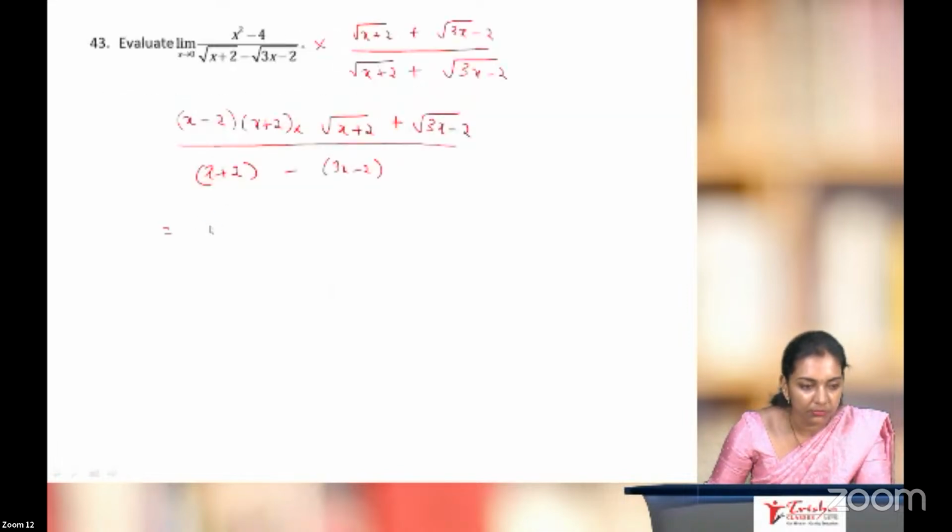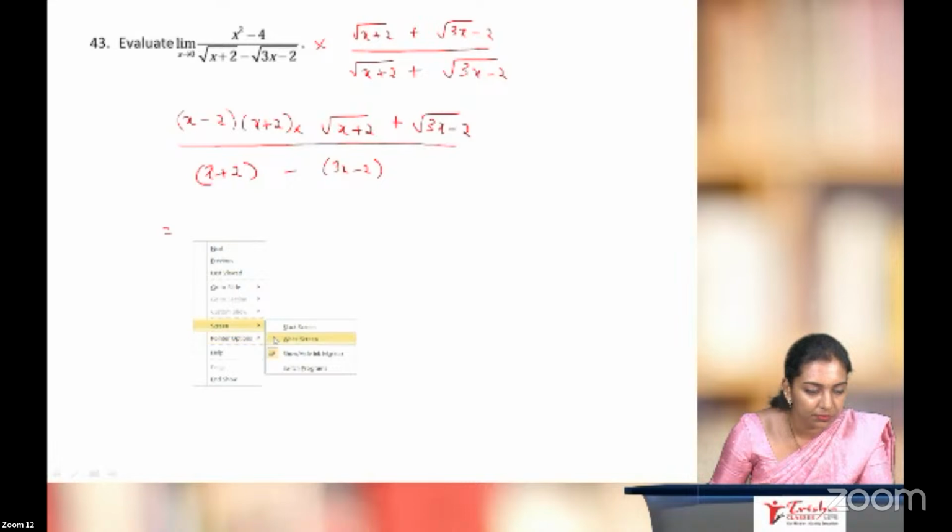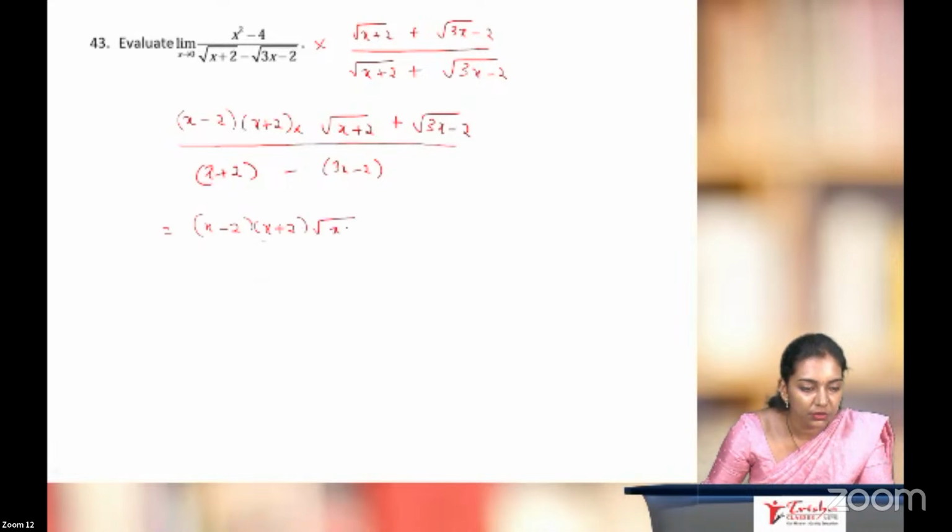So you have x minus 2 into x plus 2 into root of x plus 2 plus root of 3x minus 2, divided by x minus 2x is minus 2x, 2 minus of minus 2 plus 4, okay?